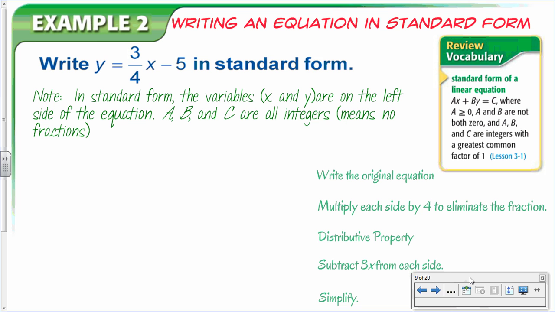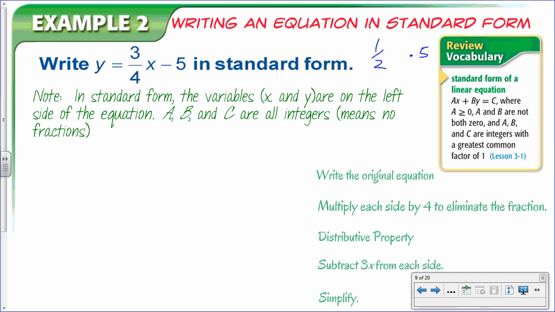A, B, and C are integers with the greatest common factor of what? 1. Okay, that means that they all have to be regular numbers. They can't be fractions. You guys with me? Now, a lot of people in one of the classes were changing the fraction to 0.5, thinking that was going to work.